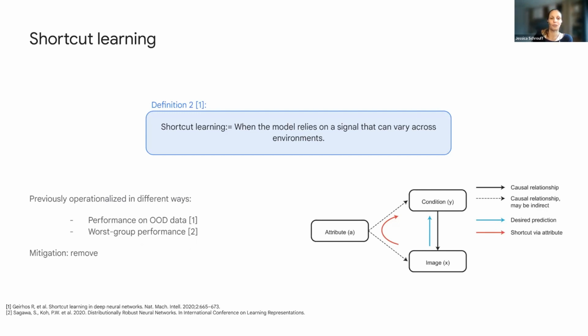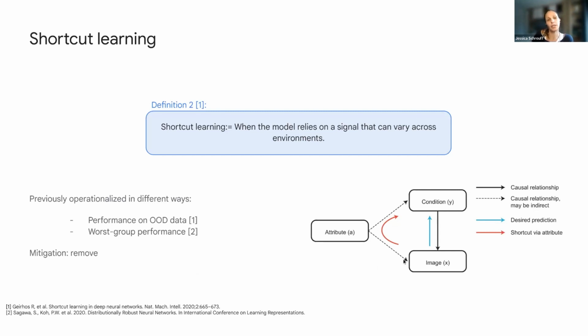The classical example would be predicting cows from images. The model does very well when the cow has a grass background, but it would make a lot more mistakes if you put a cow on the road. You want your model to be robust to the backgrounds, so you really want to remove that association.